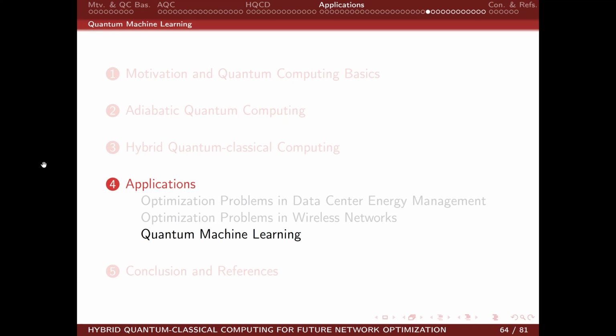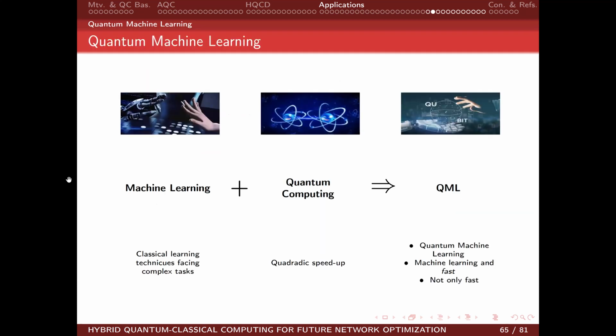So in this part, we will introduce one more application of how we solve machine learning related problems by using quantum techniques. For classical machine learning, we know it takes a lot of time to train the models.